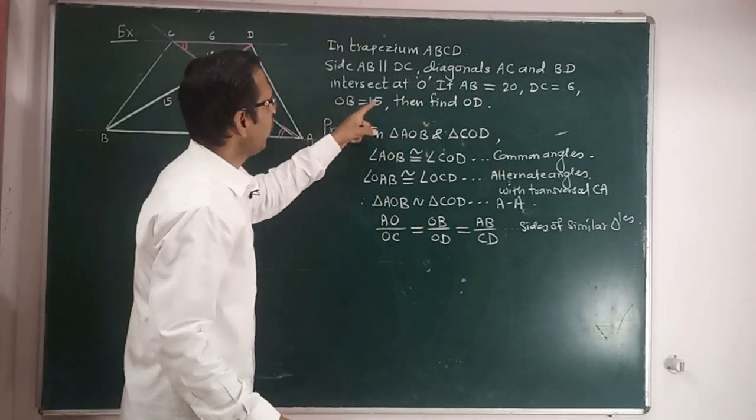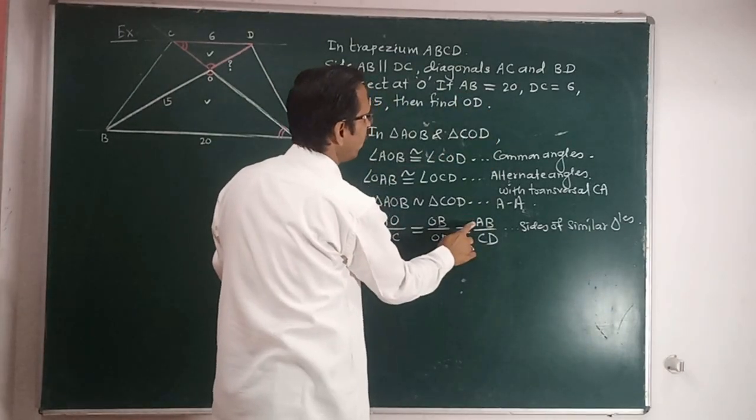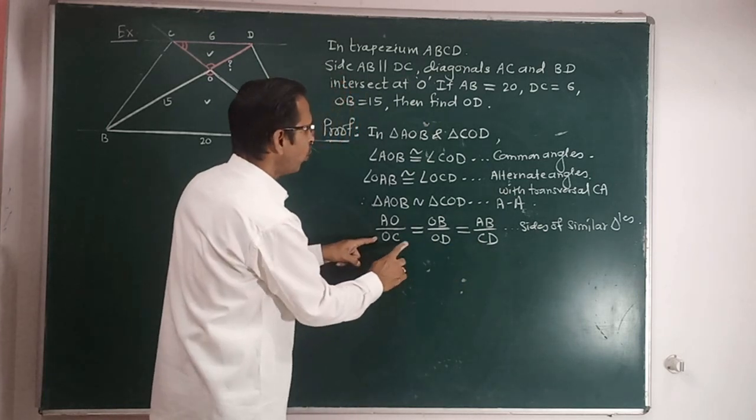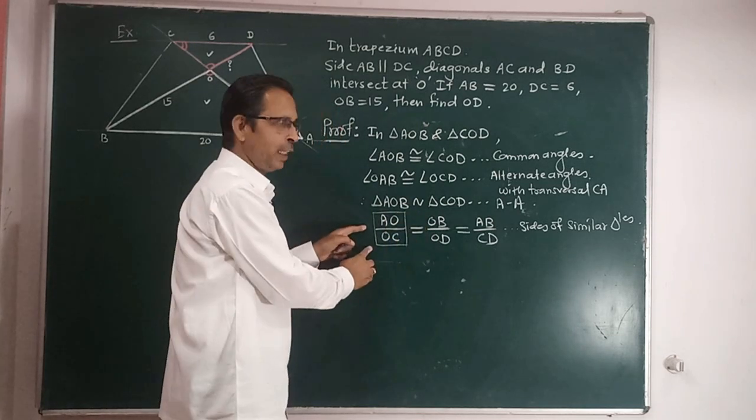Now put the values. We are given that AB is 20, CD is 6, and OB is 15. The ratio AO upon CO is not given to you, that's why omit it.